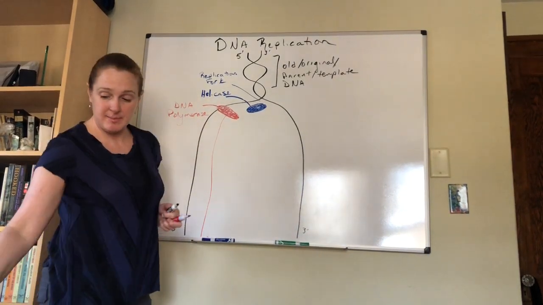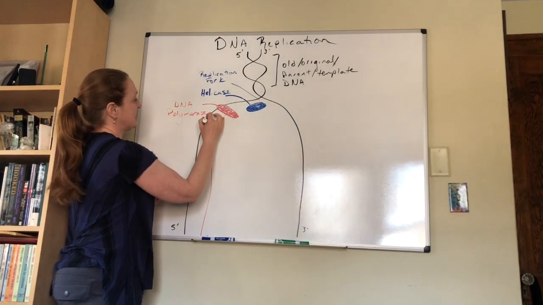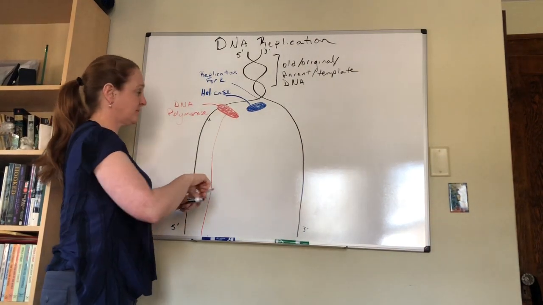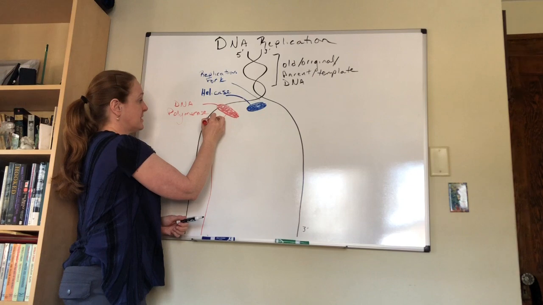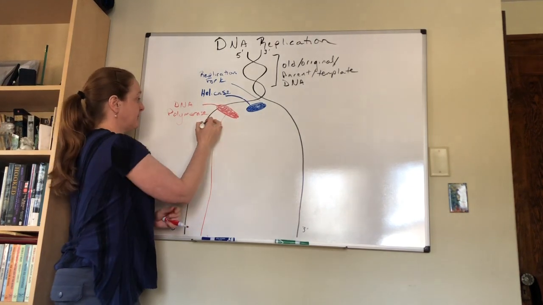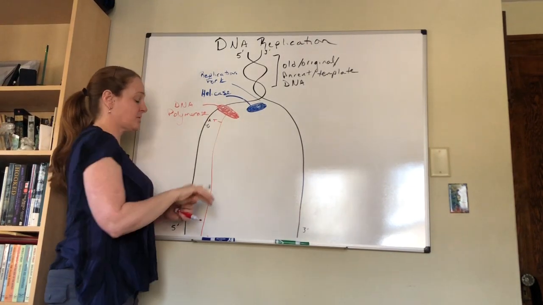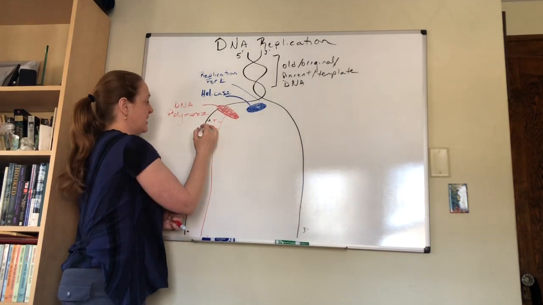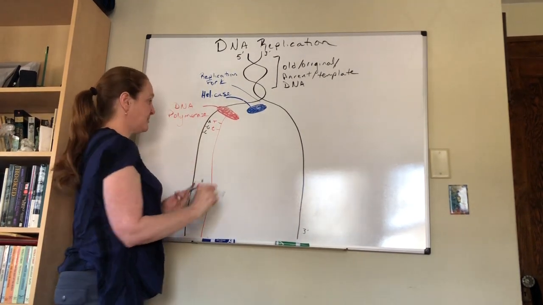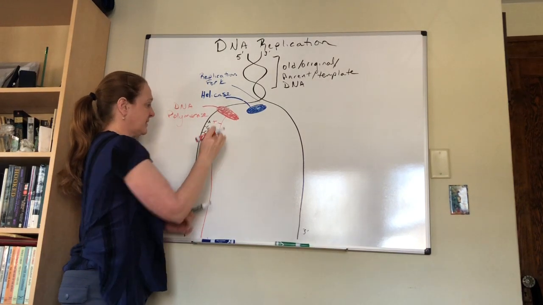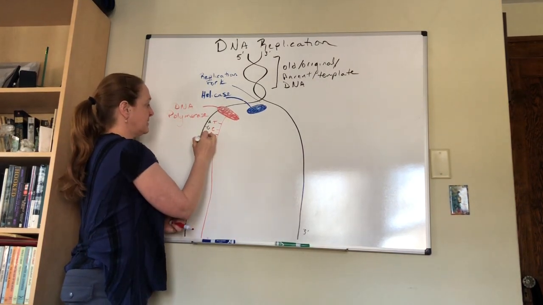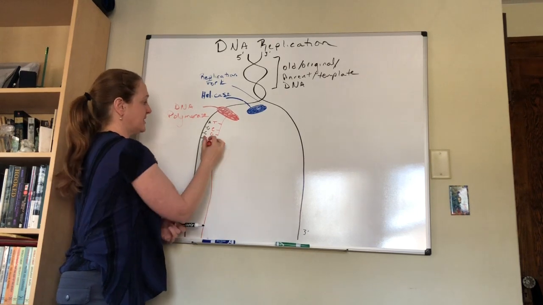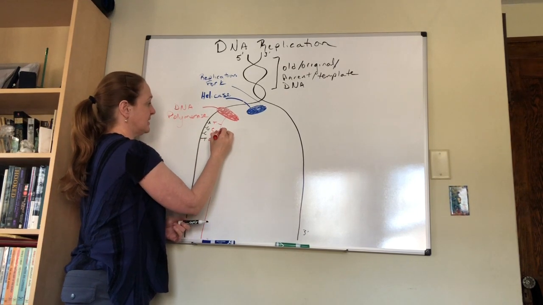So every time it reads an adenine on our original piece of DNA, it's going to put a thymine in our new strand of DNA. Every time it reads guanine on the old piece of DNA, it puts cytosine. Every time it reads cytosine on the old DNA, it puts guanine. And every time it reads thymine on the old piece of DNA, it will put adenine.